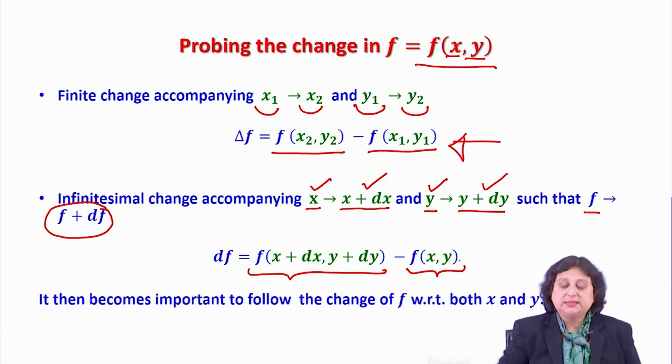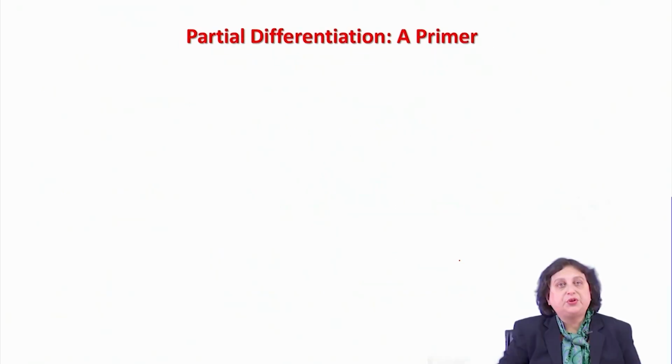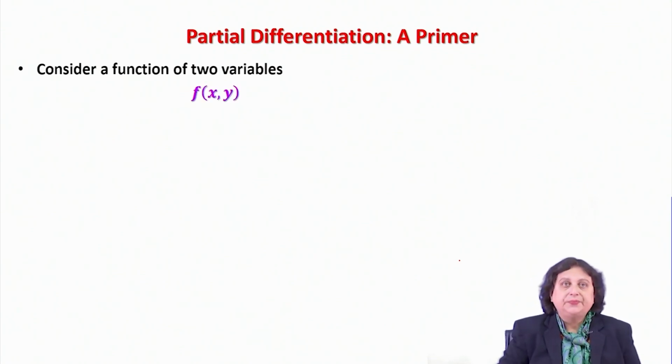And this brings us to the concept of dependence of one dependent variable on two or more independent variables. And this brings in the concept of partial differentiation. So here, let me consider once again a function of two variables.